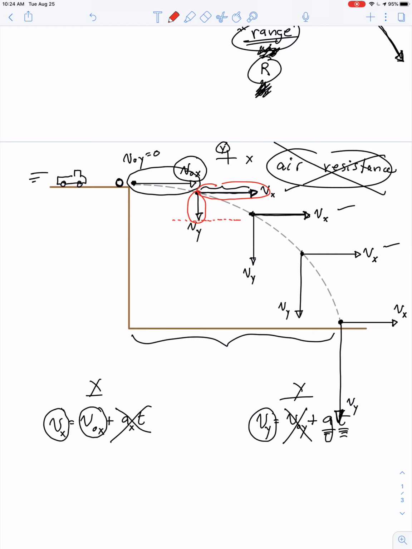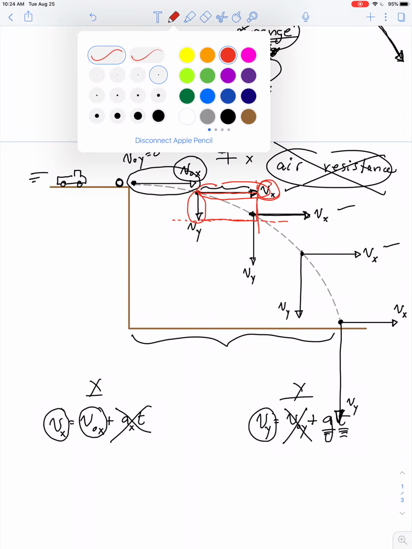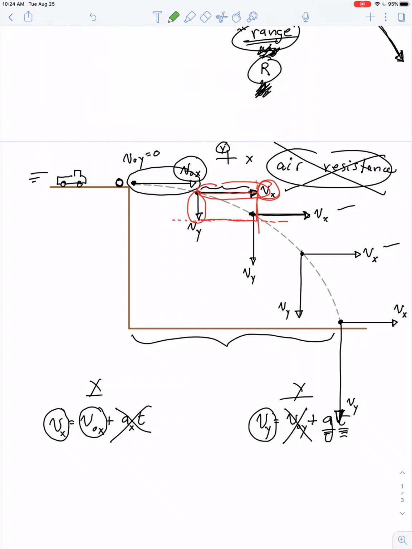So create a dashed line that runs parallel to Vx, and then we'll create a dashed line that goes parallel to Vy, and from that we've made this red rectangle, and the overall velocity, here I'll do that in green, the overall velocity then is the single vector that bisects this parallelogram.